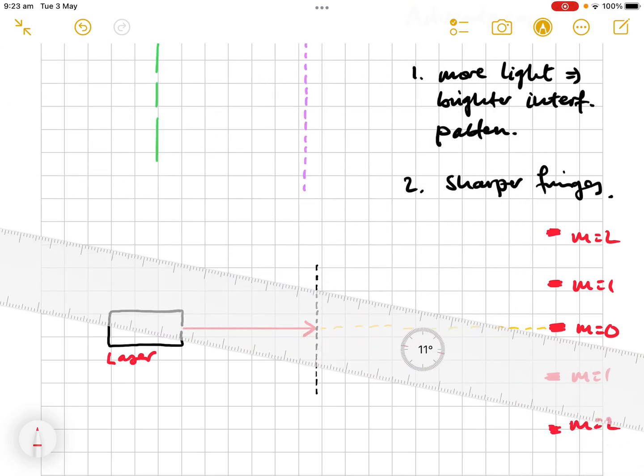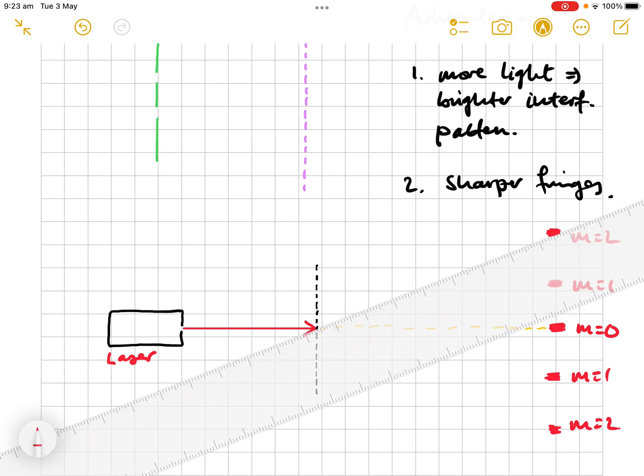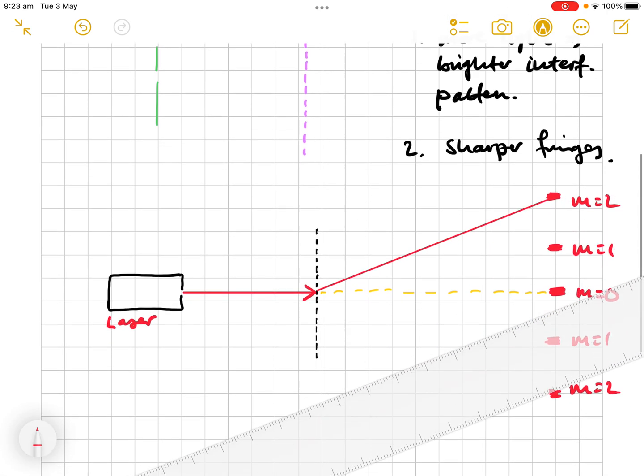And if we show the angle of deviation theta, let's just take the second order fringe. This would be the deviation angle theta.